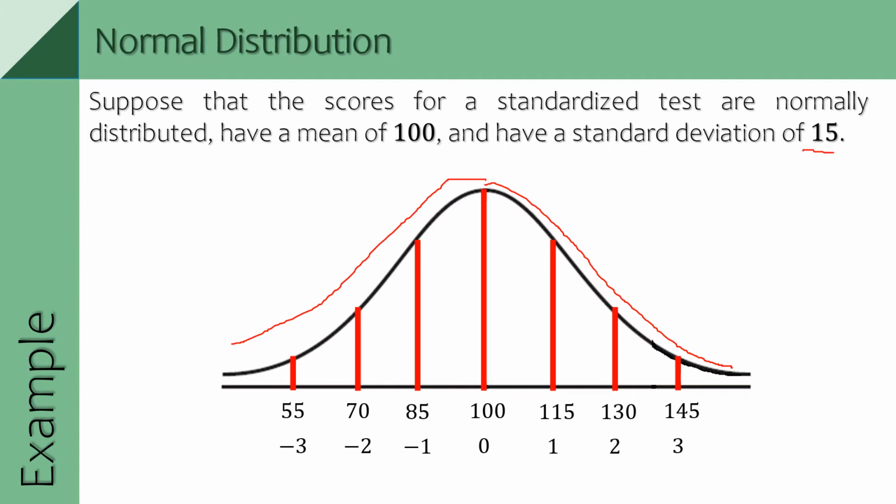So this is the normal distribution, and this is the standard normal distribution. That is how we simply convert a normal distribution into a standard normal distribution.